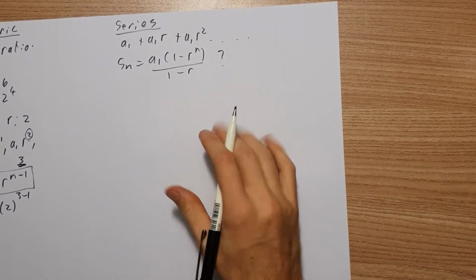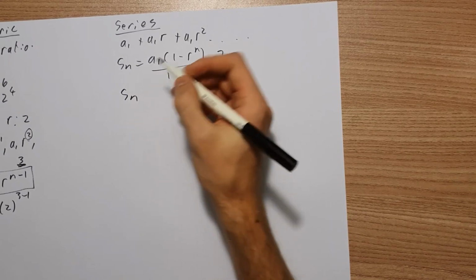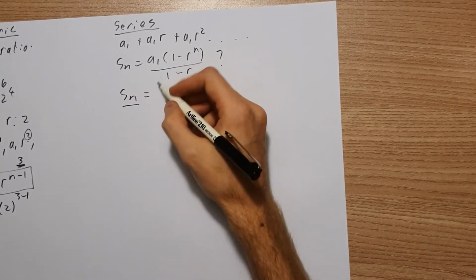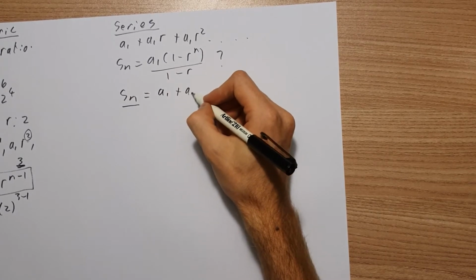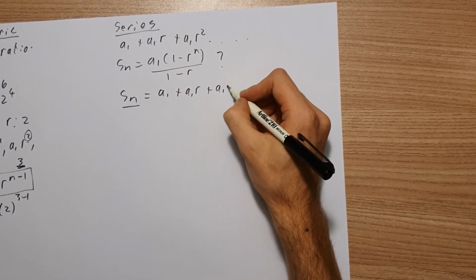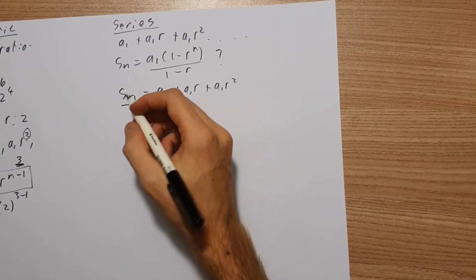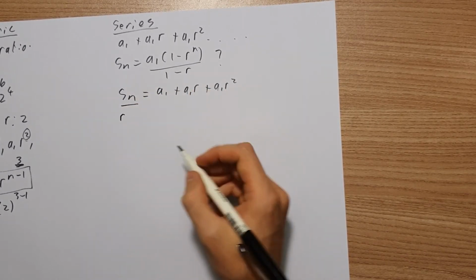Let's have a look. I'm going to look at my first sum. This is called the partial sum. That's representing your partial sum. So that's a1 plus a1r plus a1r squared, and so on and so on. Now I'm going to take this and multiply it by the common ratio of r.